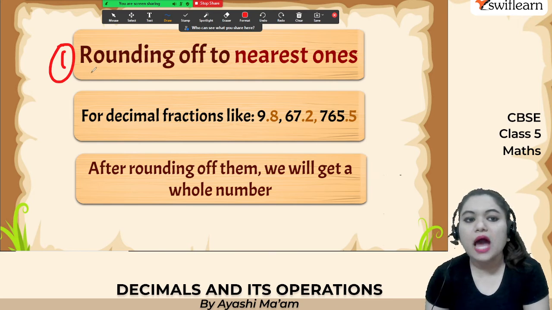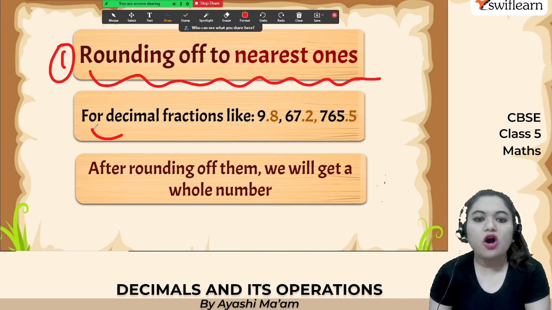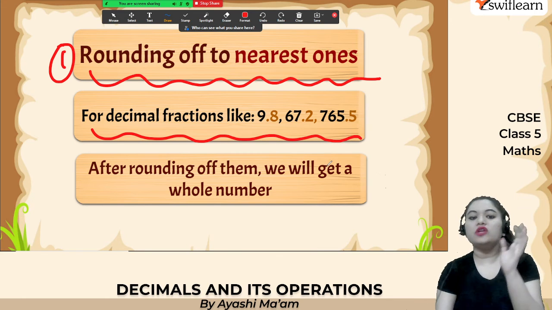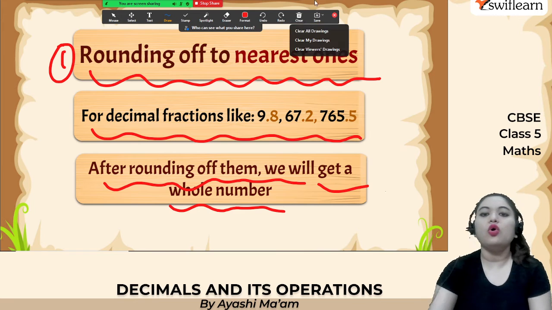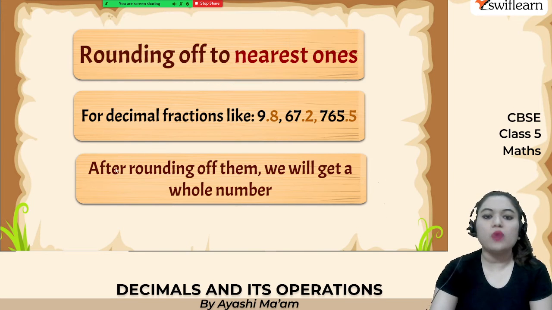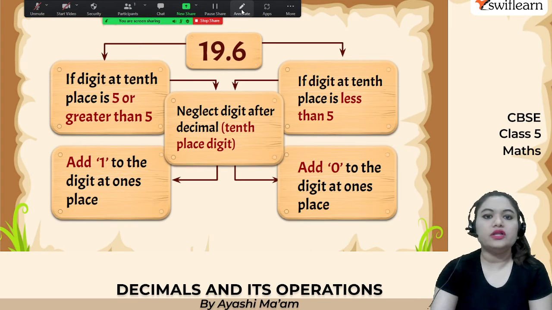First one, rounding off to nearest ones. Okay, for decimal fractions like these, we will look at the example, and after rounding them off we will get a whole number. So let's solve the example.